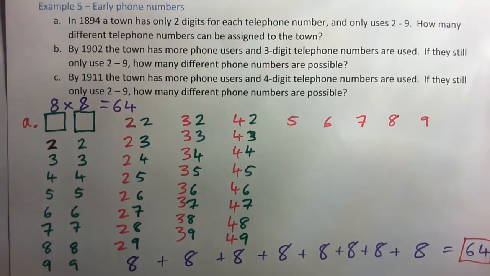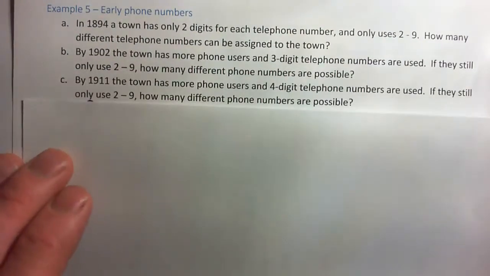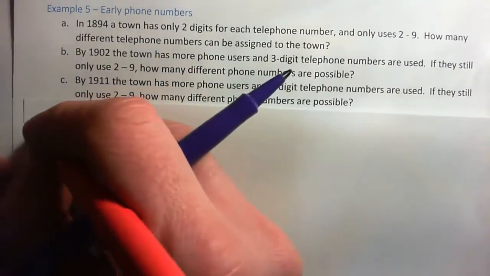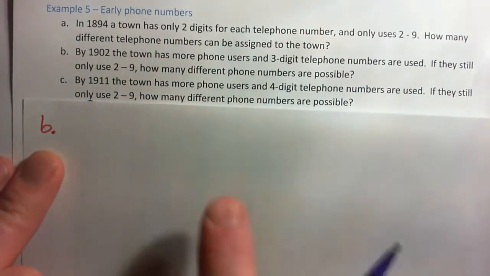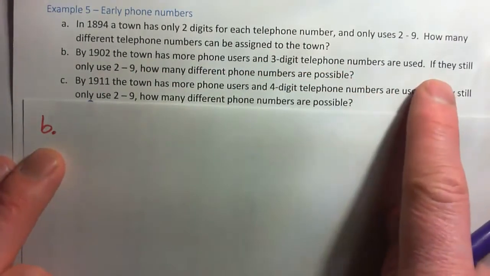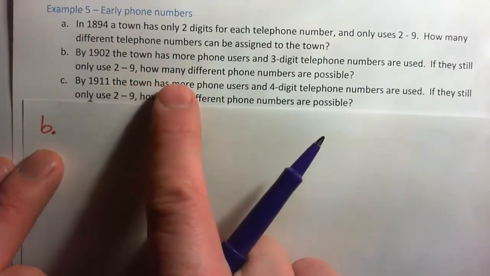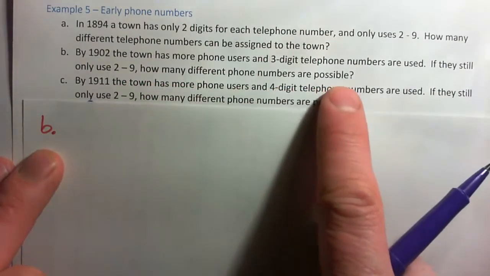But I really want you guys to kind of think and understand what's going on, rather than just memorizing methods or whatever. So part B, by 1902 the town has more phone users than 3-digit telephone numbers are used. If they still only use digits 2 through 9, how many different phone numbers are possible?